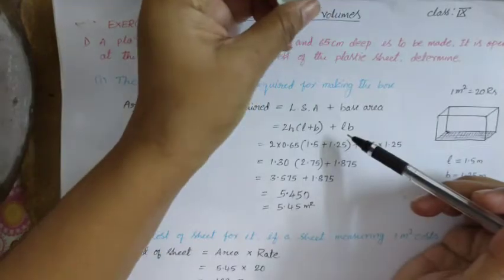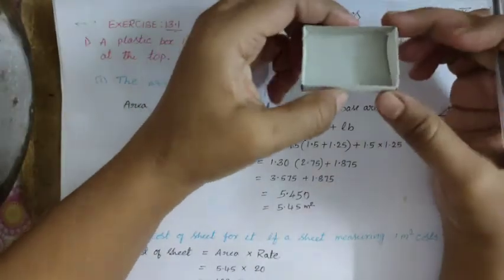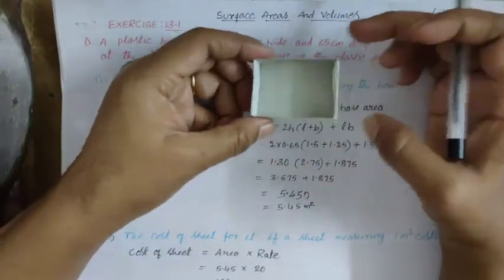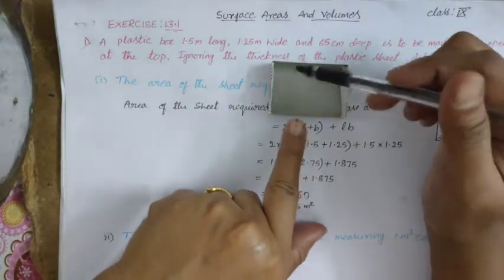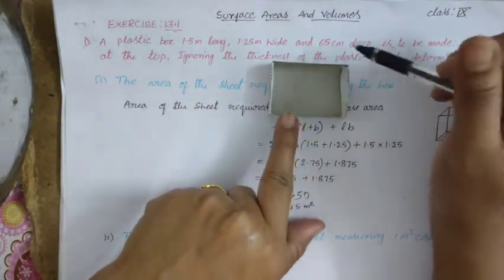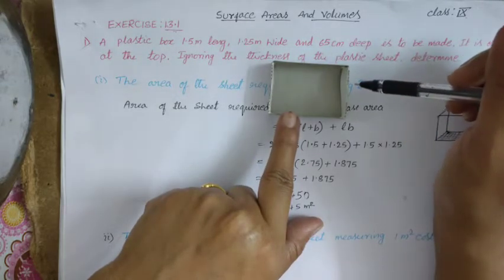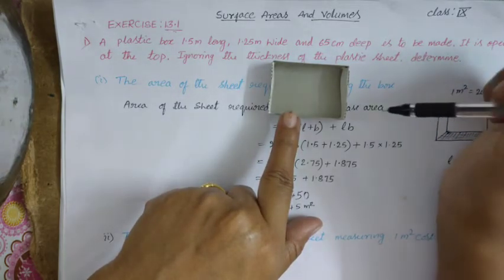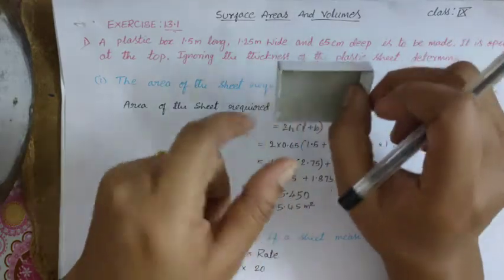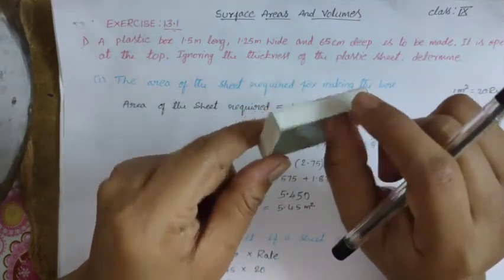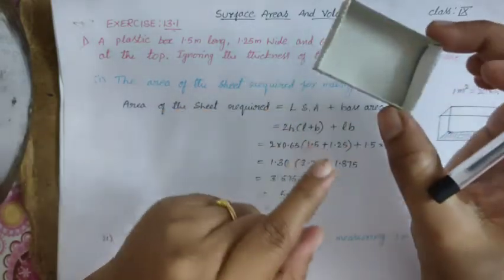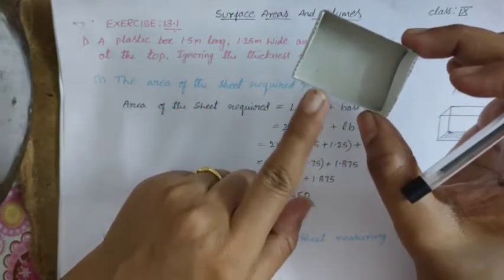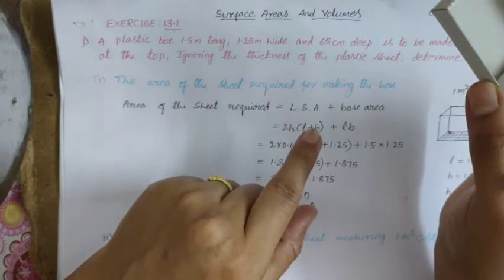Now observe this one. This is a matchbox. In this matchbox, the length, breadth and height are given. And you can ignore this thickness. You don't take the thickness of the box because it is negligible. So what is to be found out here?